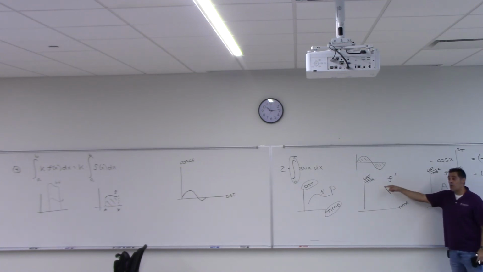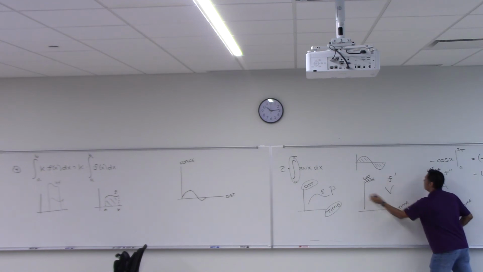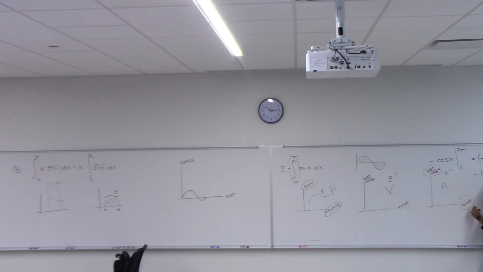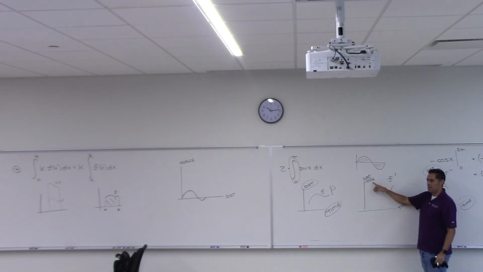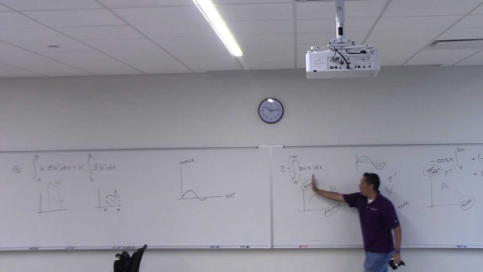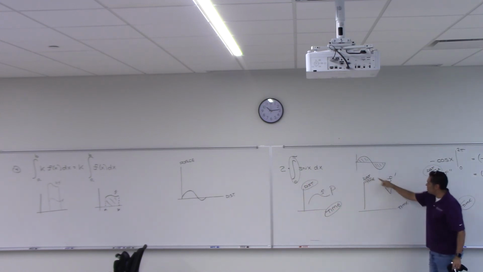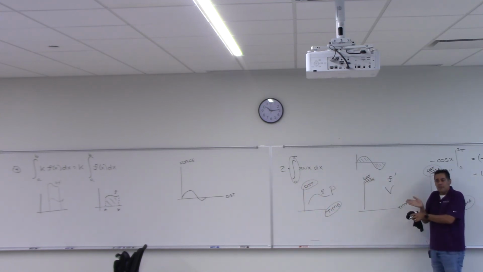If we go backwards from here to here, this y-axis is these two multiplied. If I do distance over time squared times time, one of the times cancels, and I get this. If I go backwards again, I do distance over time times time. The times cancel, and I just get distance.